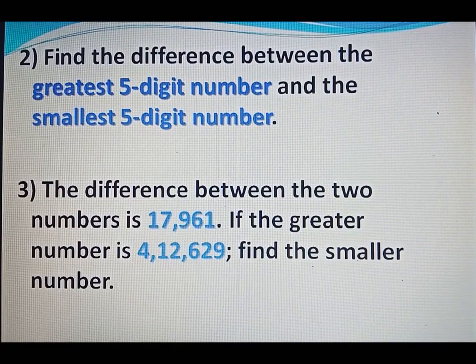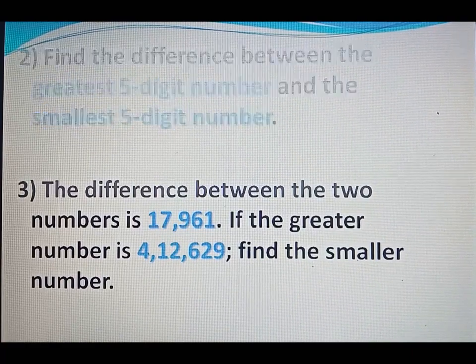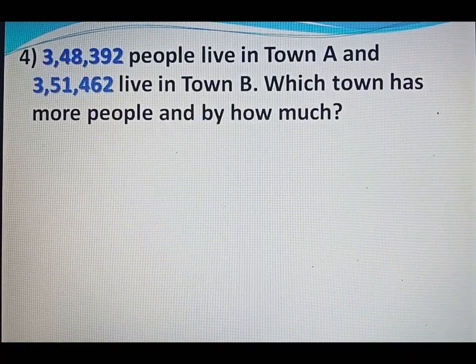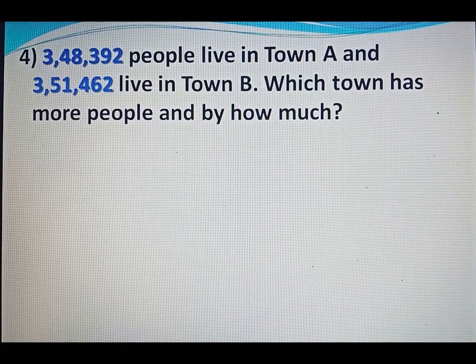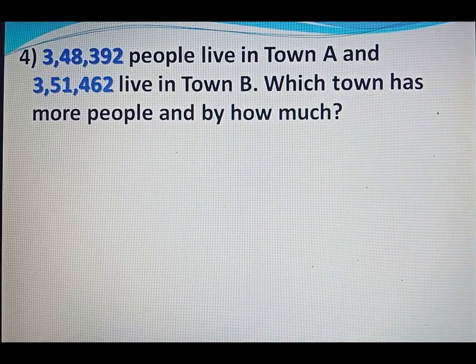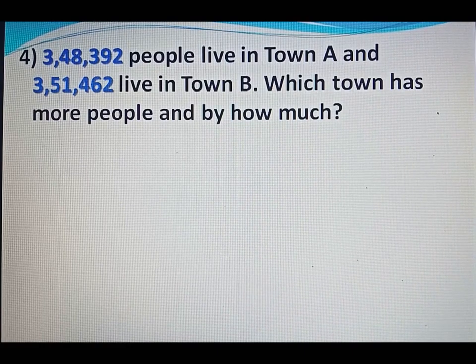Find the smaller number. Question number 4. 3,48,392 people live in town A and 3,51,462 live in town B. Which town has more people and by how much?